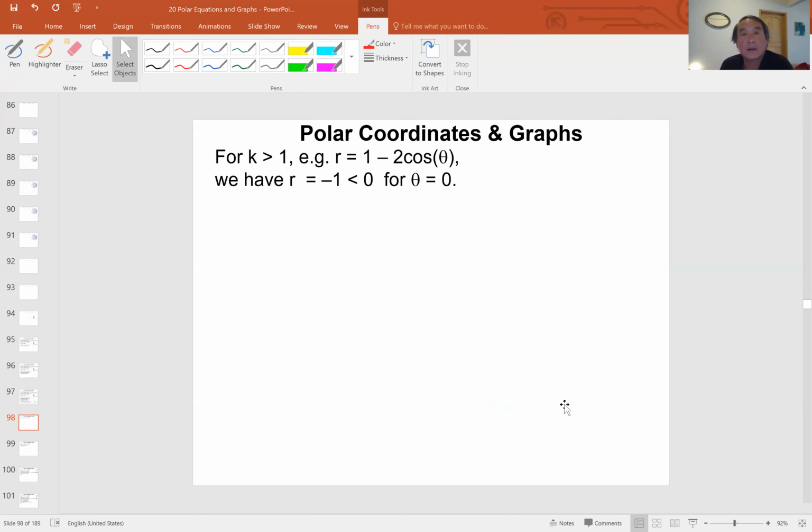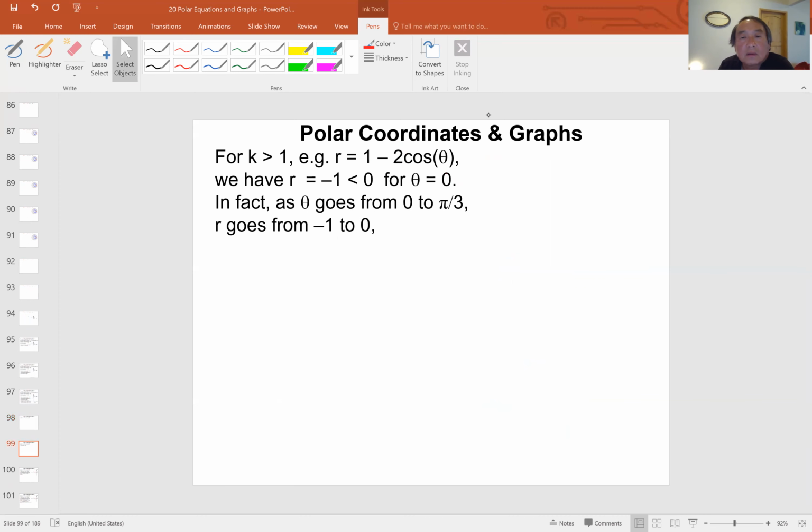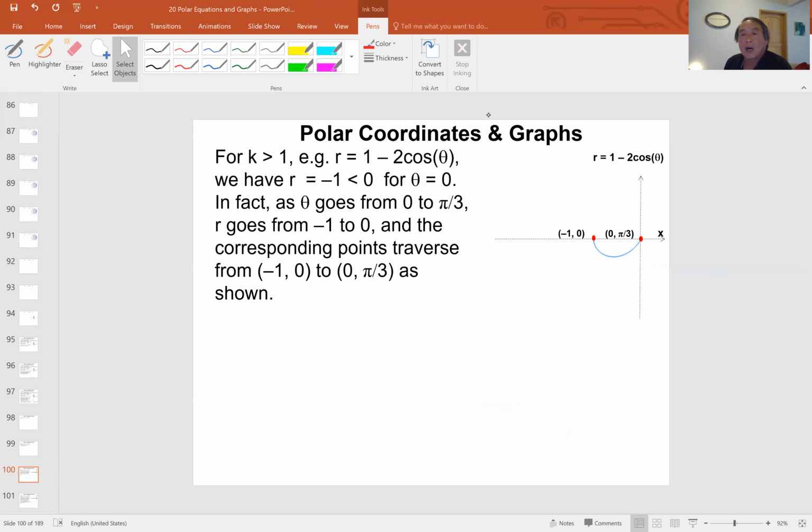But on the other hand, if you make the number bigger than 1, then we get the following situation. For instance, let me start with cosine 0. If you plug in 0, you suddenly find out r is -1. So if you plot it out to pi/2, you get that. How do you get that? Oh, because let's do this.